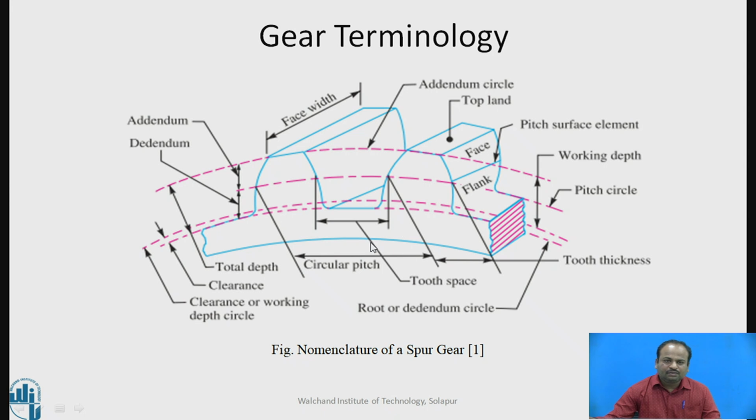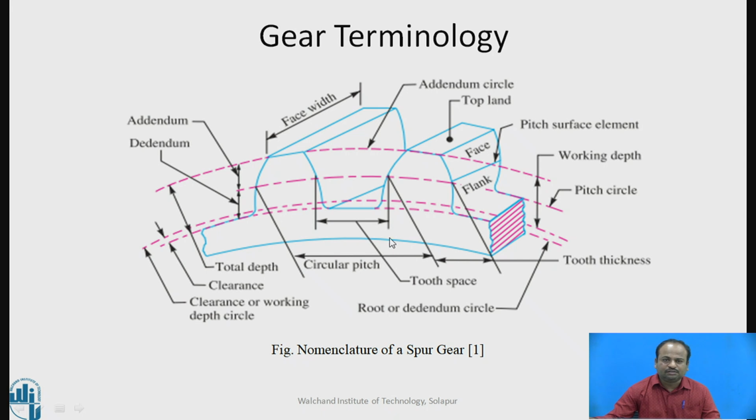The next parameter is circular pitch, which is the distance between a point on one tooth and the corresponding point on the successive tooth of the same gear.